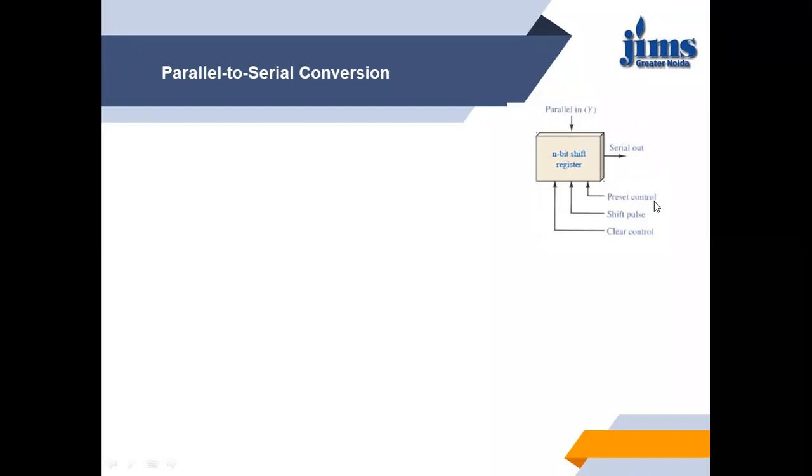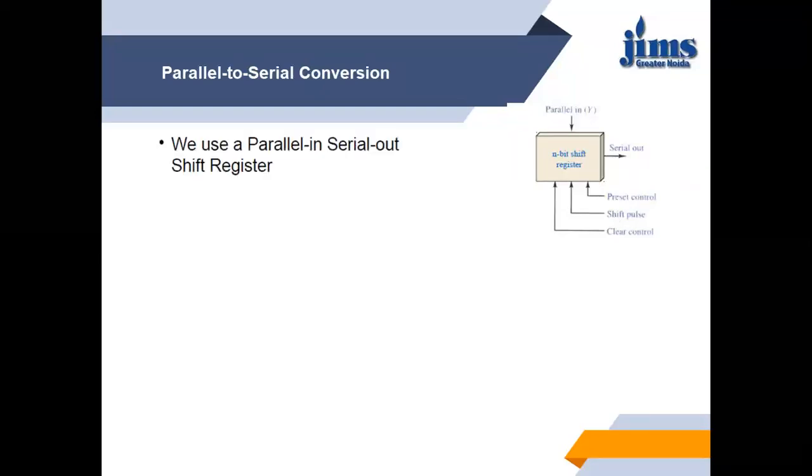We have a preset control, a clear control, and a shift pulse. The shift pulse is nothing but your clock pulse. For parallel to serial conversion, we use a parallel in, serial out shift register.